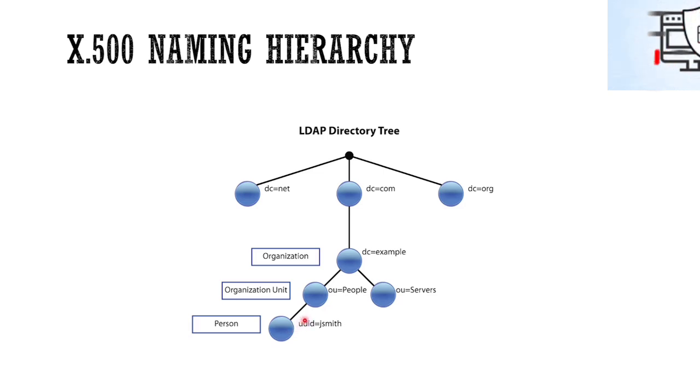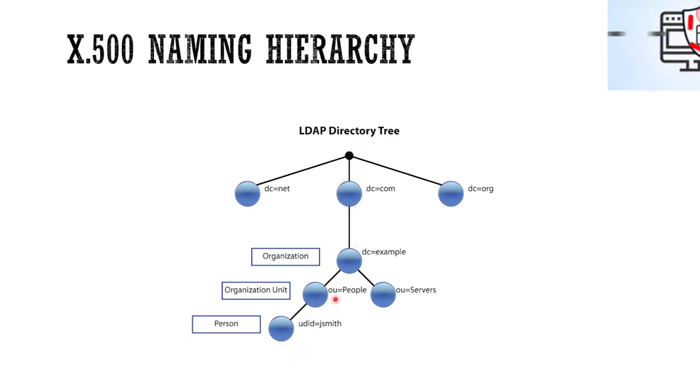So this is the hierarchy here. And the X500 style guarantees that on the public internet, when you get down to JSmith of people of example.com, there's only one JSmith with that full name. There might be JSmith of something else, but this one is unique.